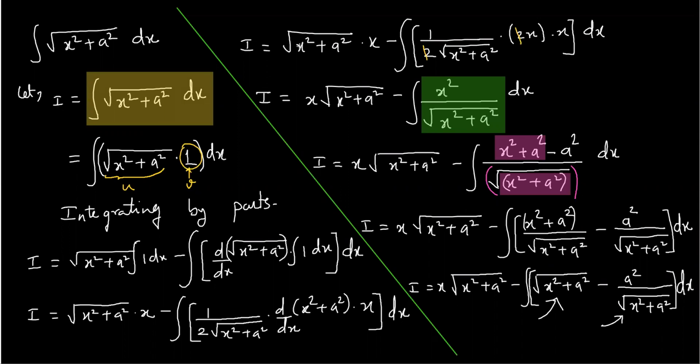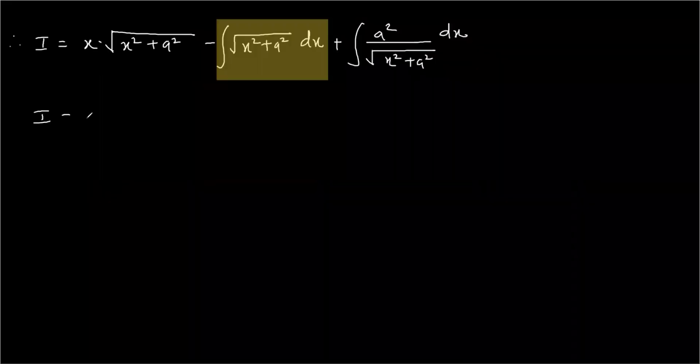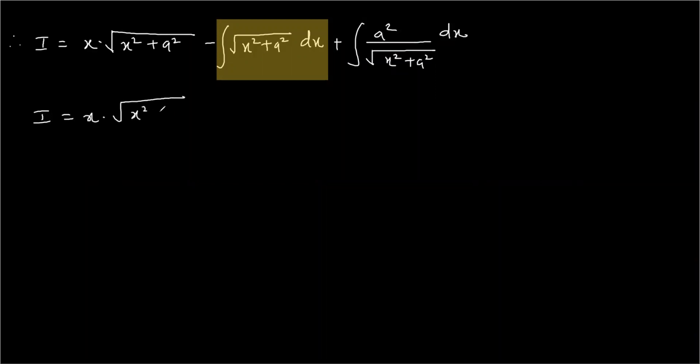So the next step I get is I equals x into square root of x square plus a square minus I, plus, now here I take a square, being a constant, outside, and I have to integrate 1 upon square root of x square plus a square dx.